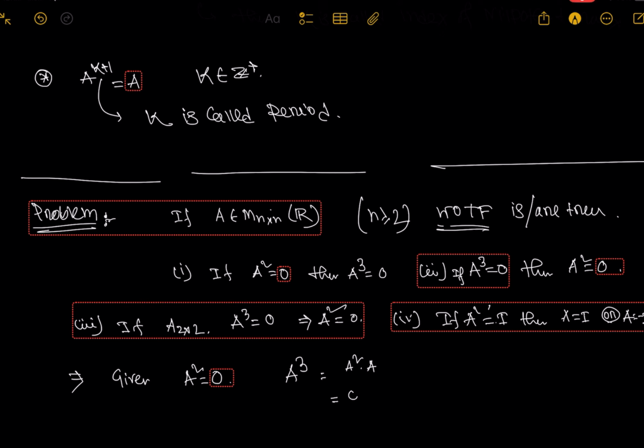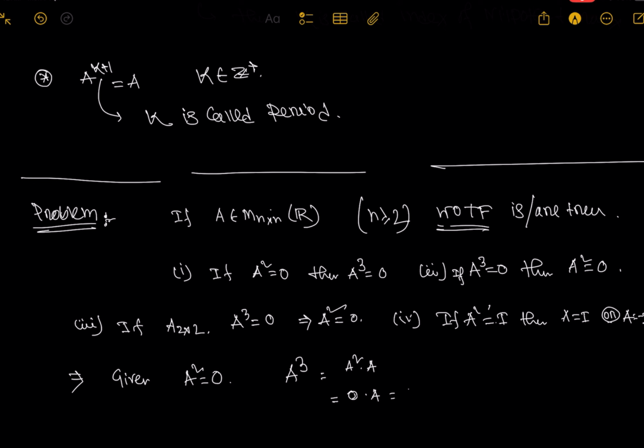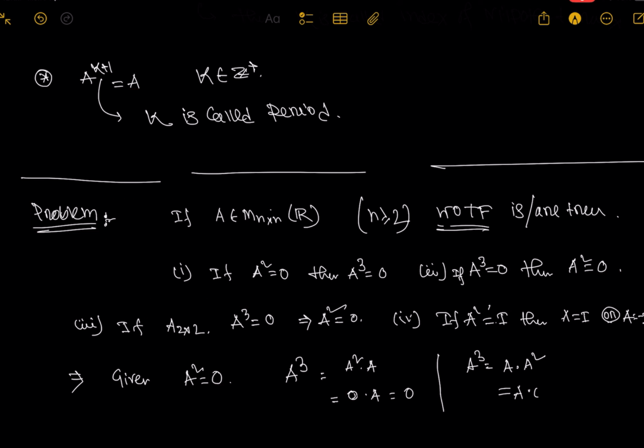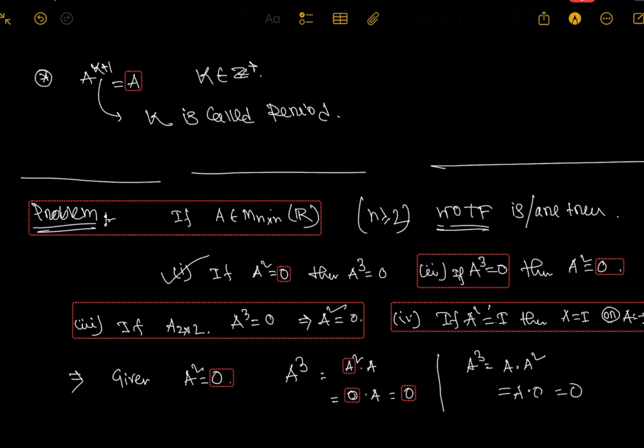A square is 0. This is 0 into A. Any matrix multiplied with 0 also goes to 0. In another way, you can say that A cube equals A into A square. This is also A dot 0 equals 0. So the first option should be true. Next, we see the second option.